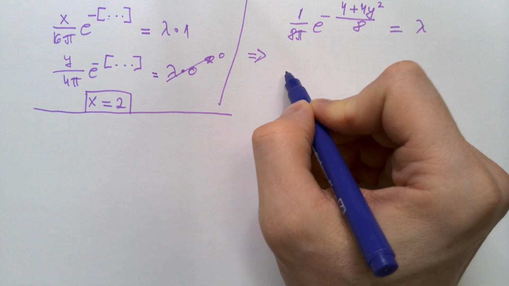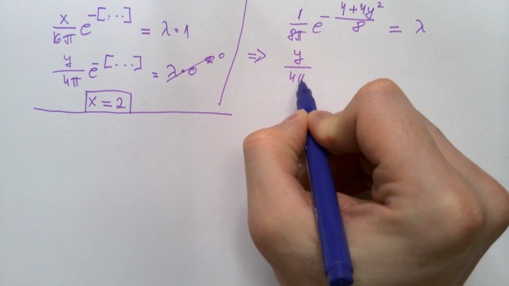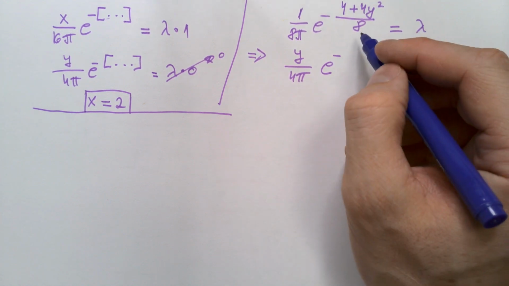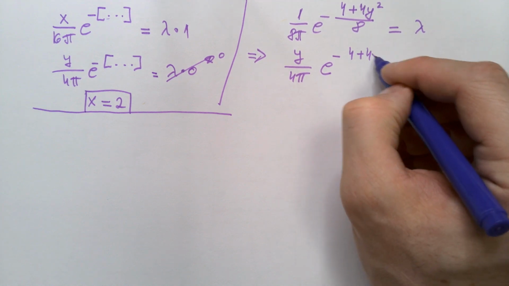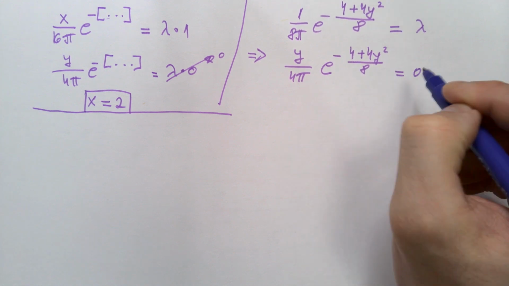The second equation becomes y divided by 4 pi e to the negative (4 plus 4y squared) divided by 8 equals 0.